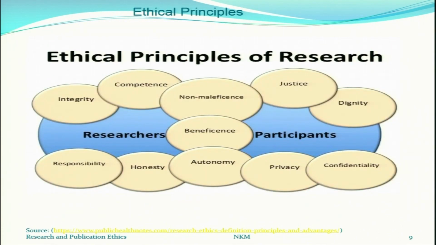Let's move on to understand further what kind of principles we have to develop as a researcher, and follow in our research practices to avoid ethical violations. So the very first idea we talk about here is responsibility.